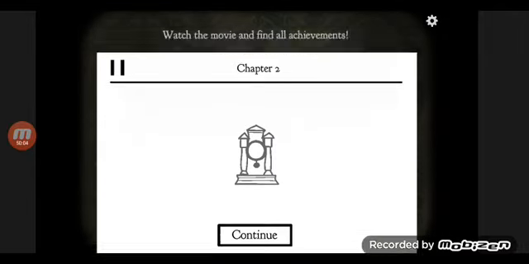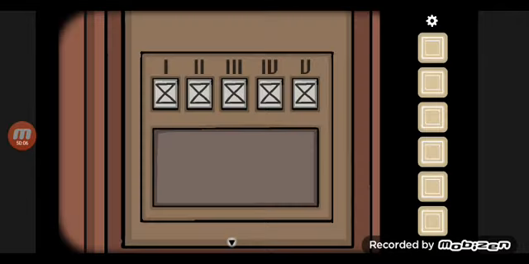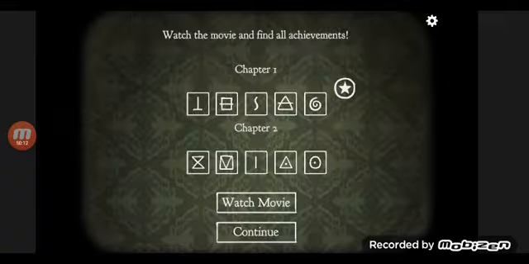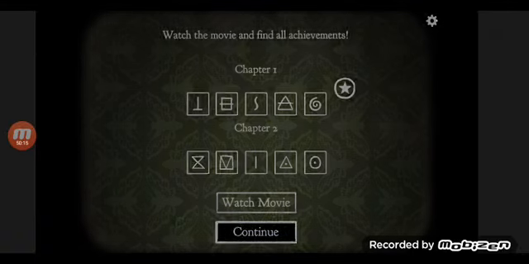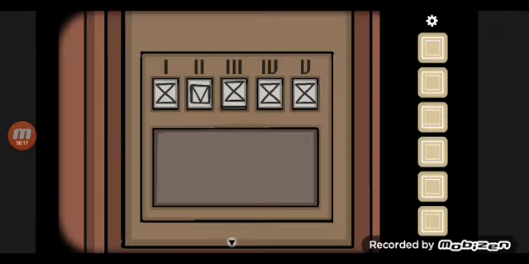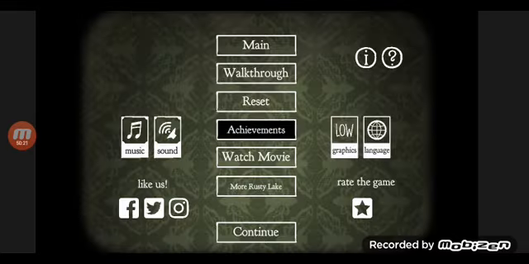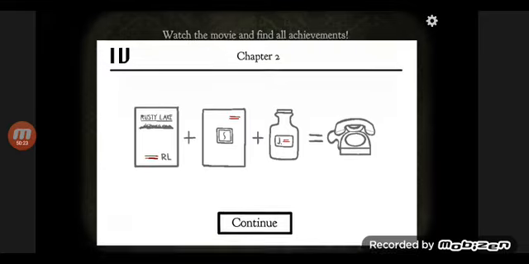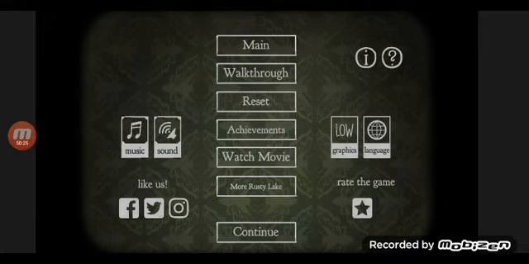This is the second one. This is the third one. This is the fourth one.